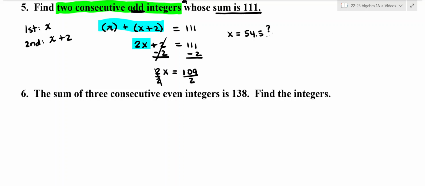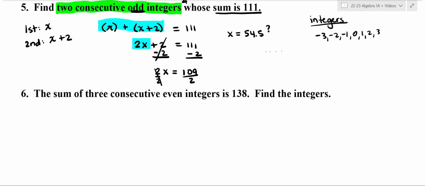But this is not an integer. Right? Because integers are going to be negative 3, negative 2, negative 1, 0, 1, 2, 3.